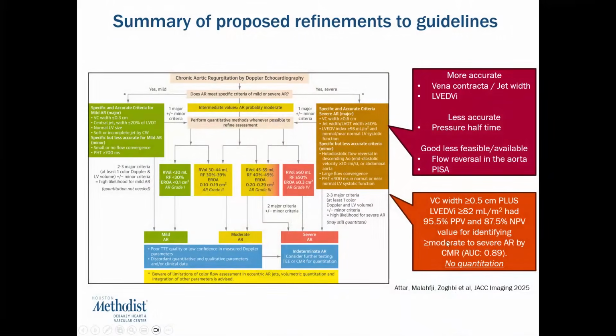But if you use this parameter, vena contracta of 5 millimeters and then EDV of 82, this quote-unquote moderate to severe AR is effectively 40% or greater for the regurgitant fraction on MRI, in this study even. So this parameter essentially is what's severe AR by MRI. It's labeled here as moderate to severe, but that's based on the old criteria, essentially.